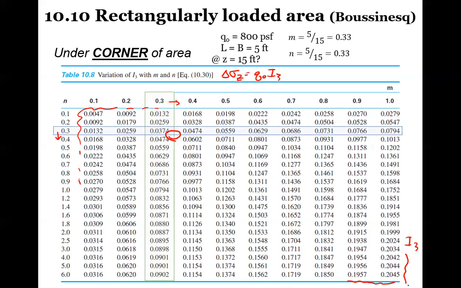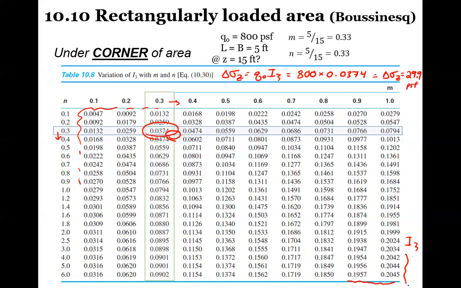So this would be our I3 value. So let's say it's 800 pounds per square foot times somewhere around 0.0374. I'm just going to use that one. So this means our increase of stress is 29.9 pounds per square foot.